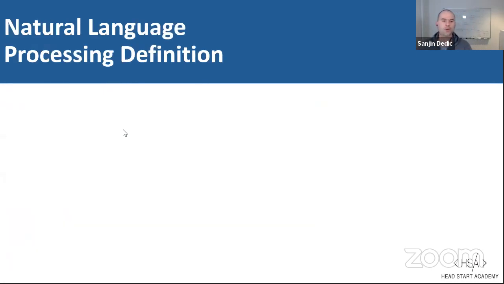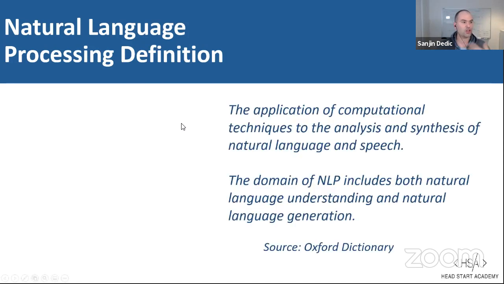Now, natural language processing, what is it? That's the field of computer science that is designed to use language and try to make sense of it and get computers to both analyze language for meaning and then synthesize language themselves. This is the Oxford Dictionary definition: the application of computational techniques in the analysis and synthesis of natural language and speech.